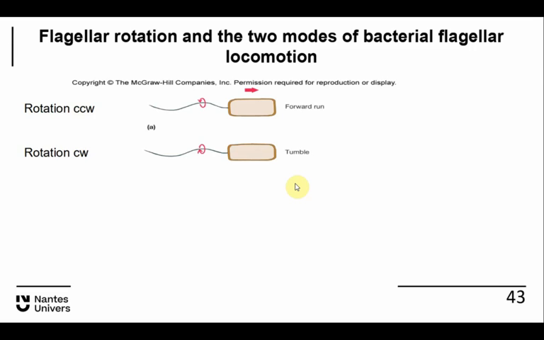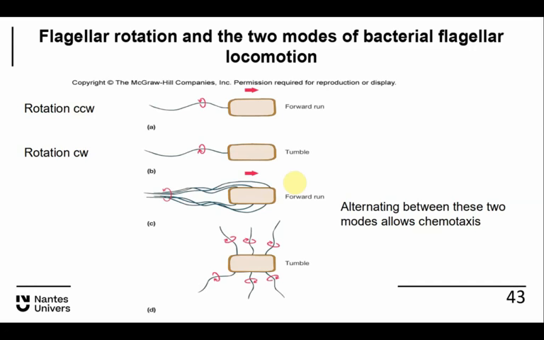So they've got 2 speeds, forwards and random, or 2 modes, if you like. So when they switch between these modes, that's going to help them control where they go. And that's true for monotrichous flagellated bacteria: one flagellum rotating in one way or the other.